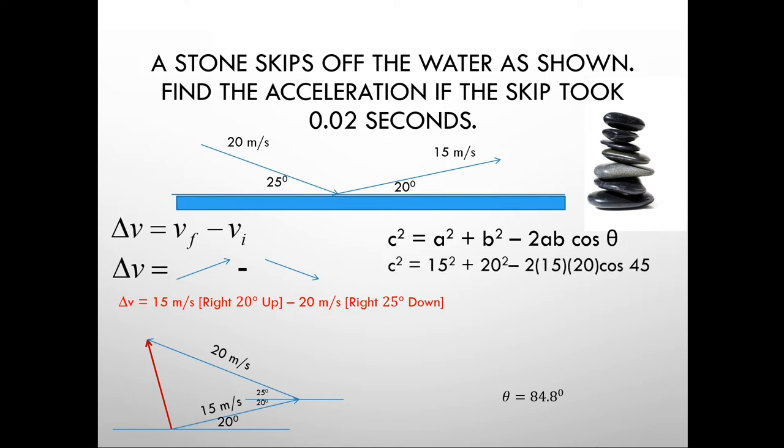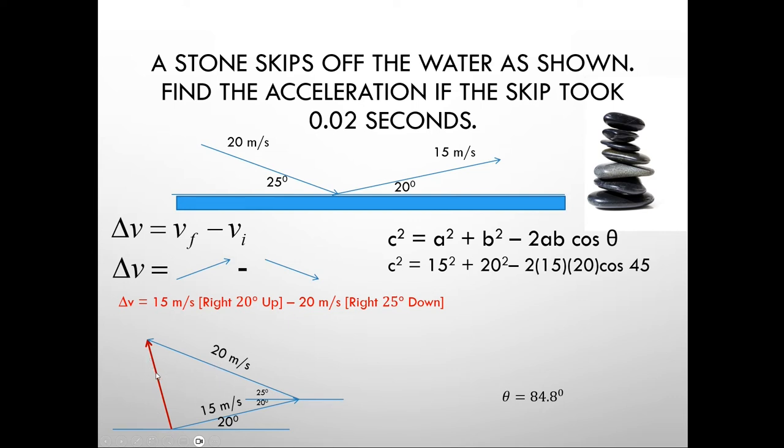So plugging everything in, we've got c squared equals 15 squared plus 20 squared minus 2 times 15 times 20 times the cosine of 40. Now, when we say c squared here, we're thinking about a side c, and the side that we're looking for is the red vector. So we can label the sides 20 meters and 15 meters as either a or b. It makes no difference.